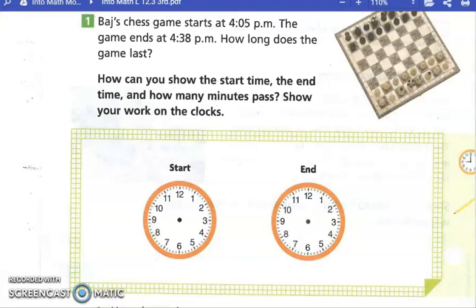So where's our minute hand going to be? 5 minutes after the hour. We should be on the 1, right? Yes. That's your longest hand, so make it reach the minute. Now, it's only 5 minutes after 4, so where's the hour hand going to be? On the 4 or a little bit past, right?